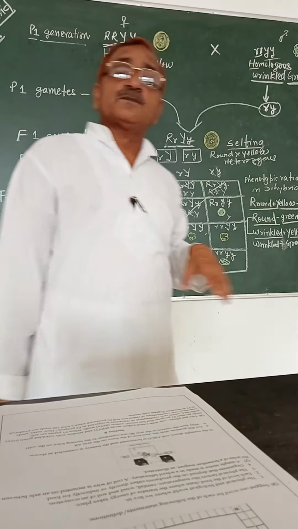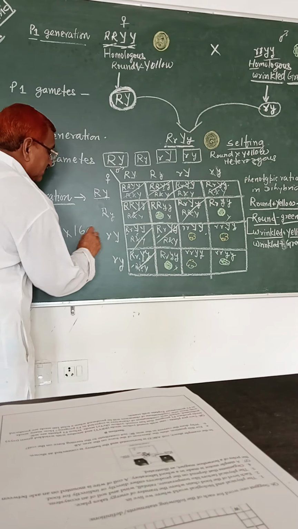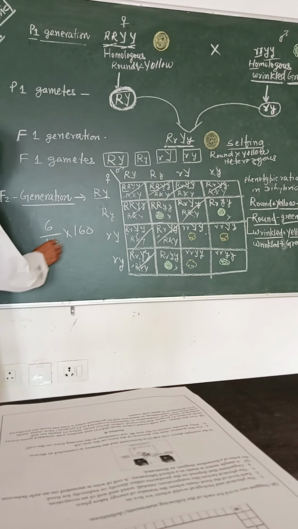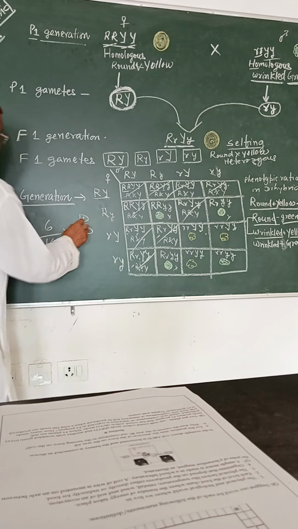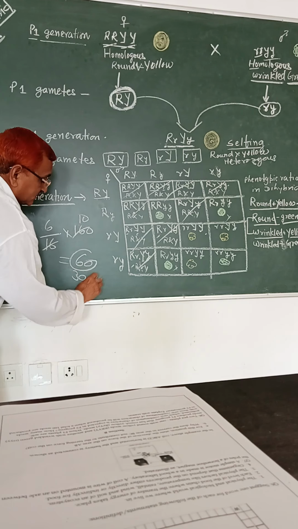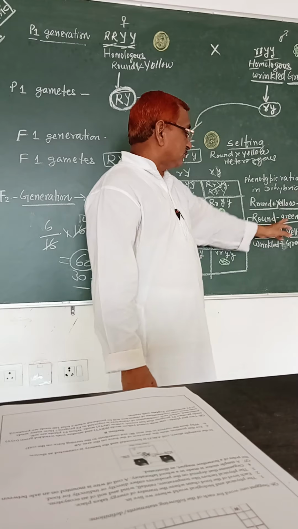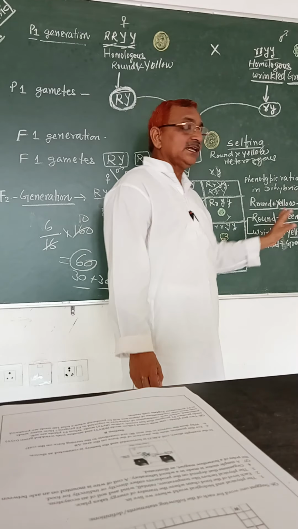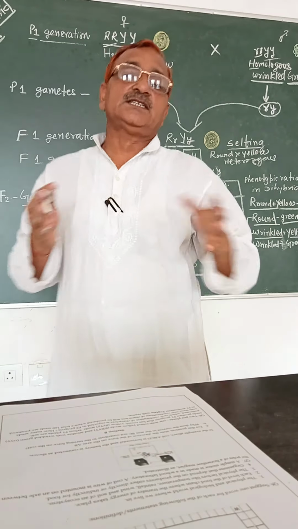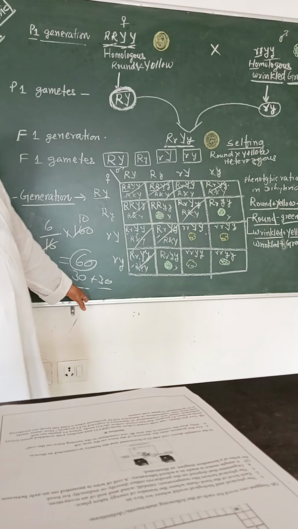If 6 out of 16 will be new, then out of 160, how many will be there? 16 if you cut it by 10 and multiply it all together gives 60. That is 30 plus 30: 30 will be round and green and 30 will be wrinkled and yellow. Approximately such data you will get from this mathematical calculation.